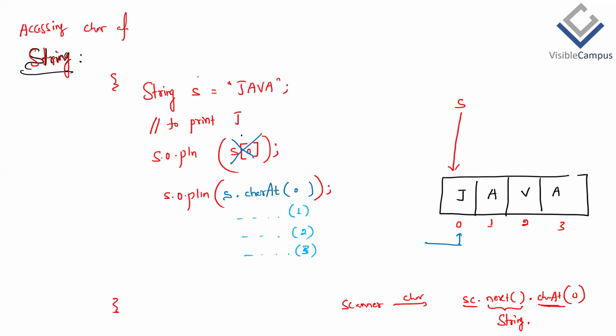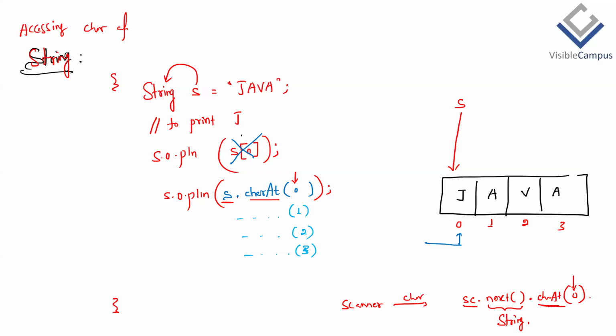Now here, s is what? A variable or object of string type only. That's why here you are using a string object dot charAt method with available index numbers 0, 1, 2, 3. By default, if you use 0, the first character will be considered.